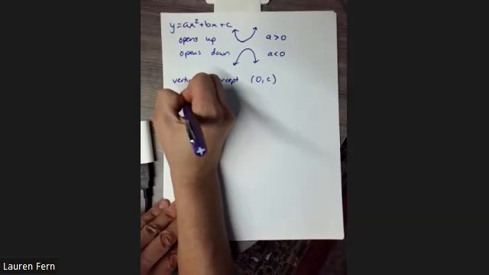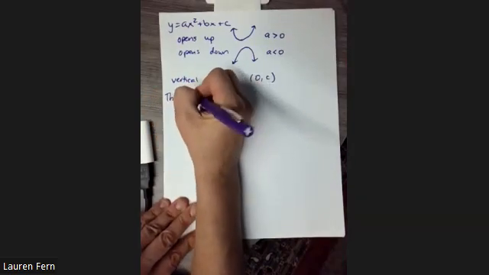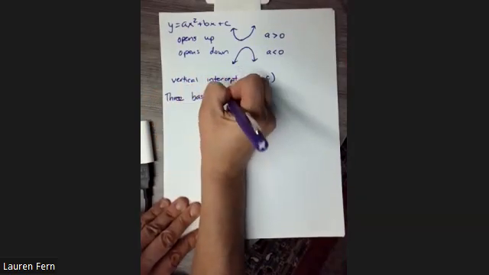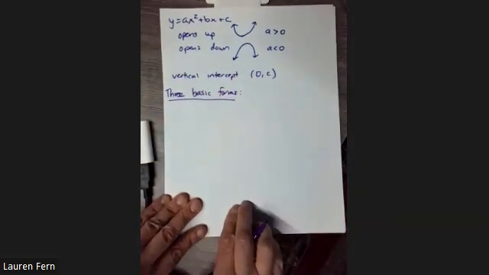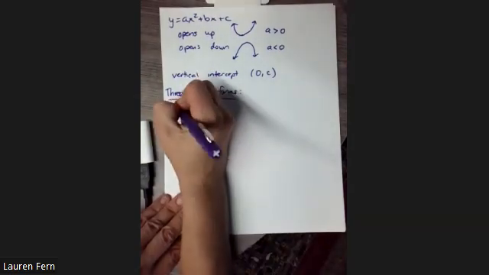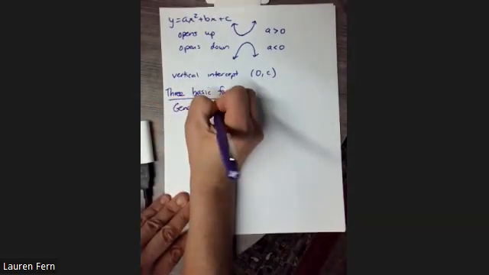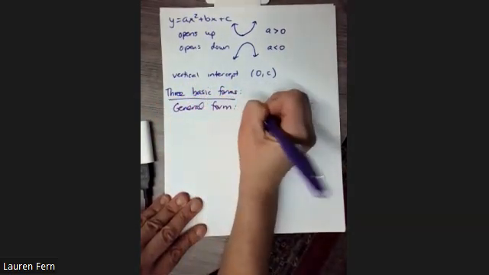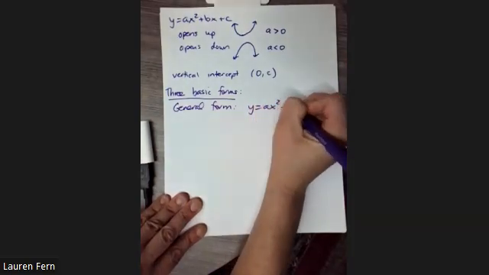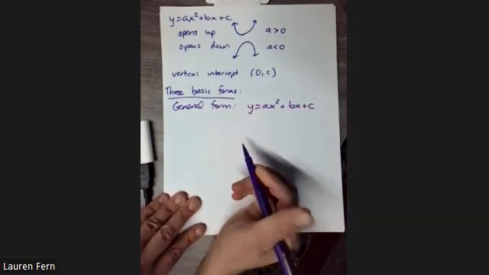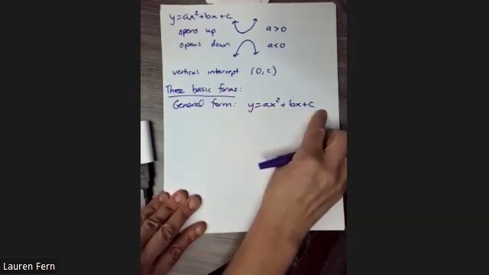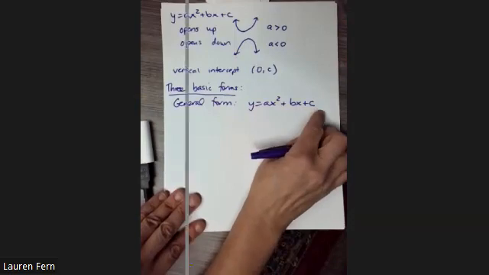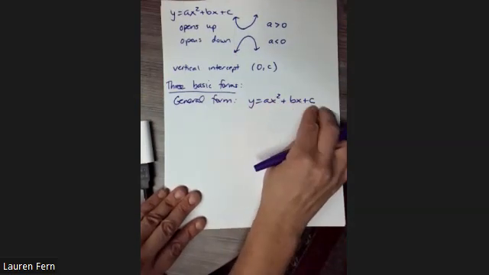Now, when we talk about quadratics, there's three basic forms, and they all have their advantages and disadvantages, and you can move from one form to another, okay? The general form, which we have written above, looks like this, okay? It's when it's just simply written out in descending order of our exponents.